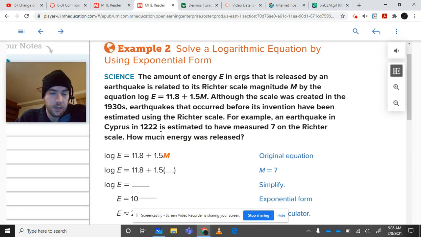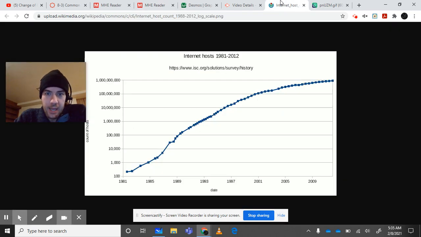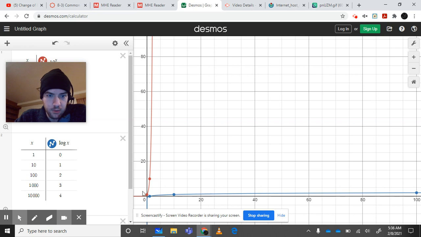Okay, so this is kind of getting at a common use of logarithms. So before we get right into the equation, let's talk about why they gave this example. Logarithms are often used in situations where you've got a really, really broad range of data and you want to compact it onto a graph that makes a little more sense. When you have exponential graphs like this, you can see that they shoot up really, really fast.